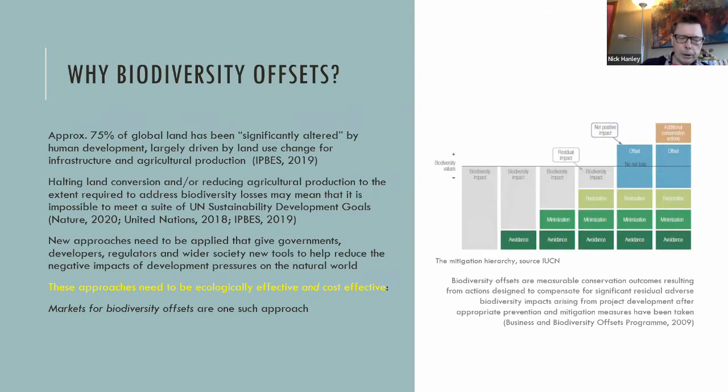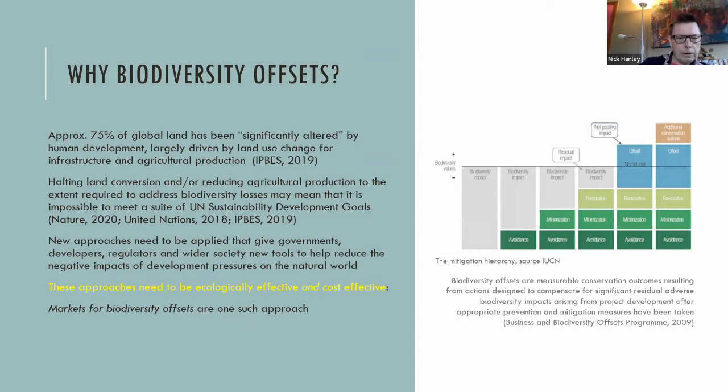So we know from the IPBES reports that across the world, a vast fraction of our land area has been significantly altered by development, largely driven by infrastructure and agricultural production. And we know that those land use changes have had, on the whole, pretty negative consequences for biodiversity.